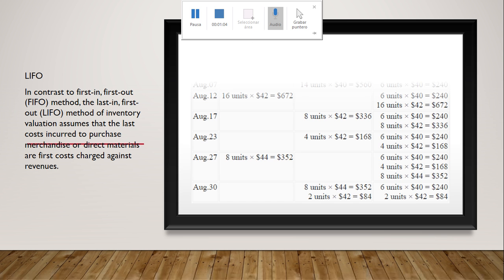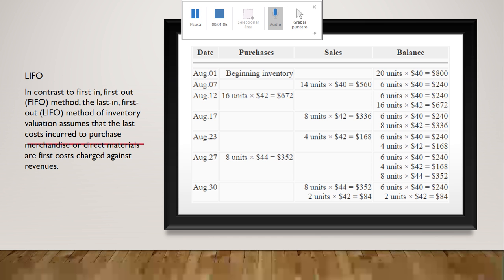The next one is LIFO, with an example. In contrast to the first in, first out FIFO method, the last in, first out LIFO method of inventory valuation assumes that the last costs incurred to purchase merchandise or direct materials are first charged against revenues.